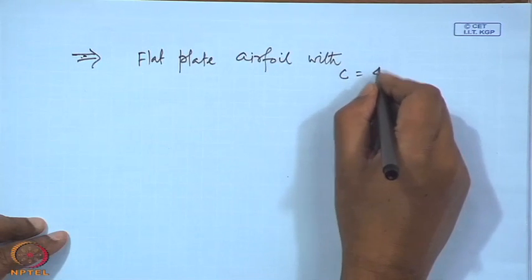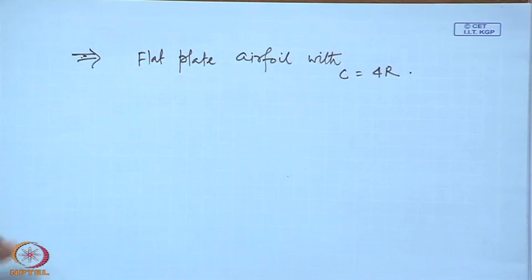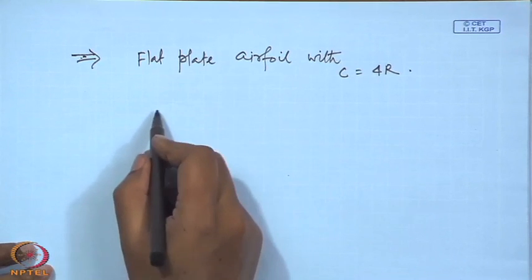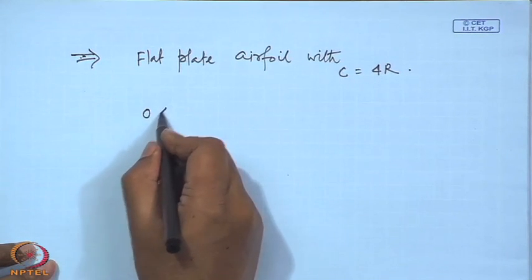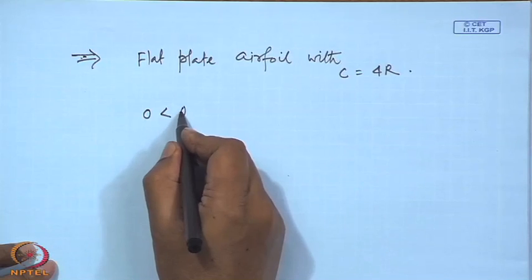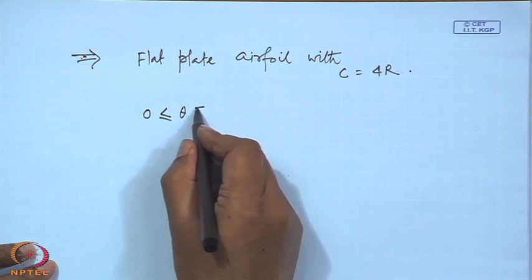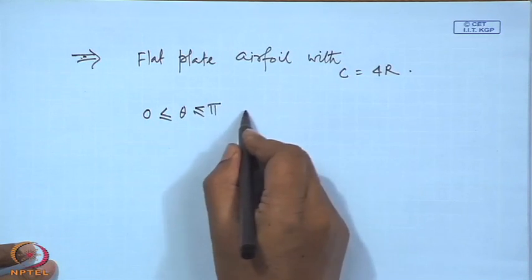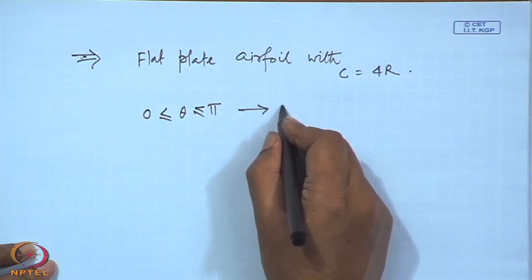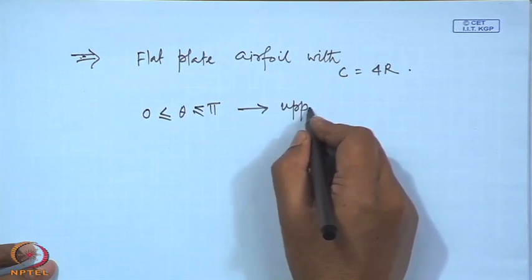Chord equal to 4 R, this corresponds to the upper surface of the flat plate.